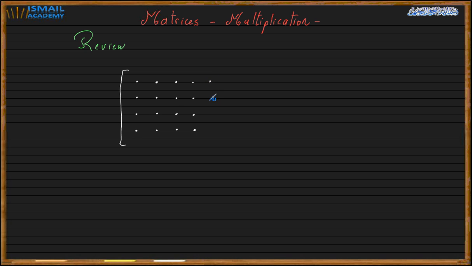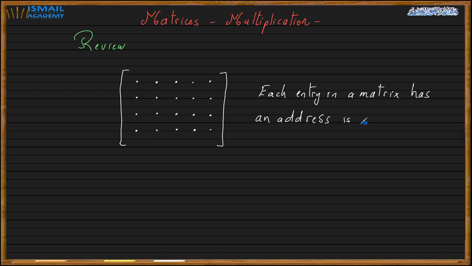Those are entries, and each entry in a matrix has an address. The address is the intersection of the row and the column.